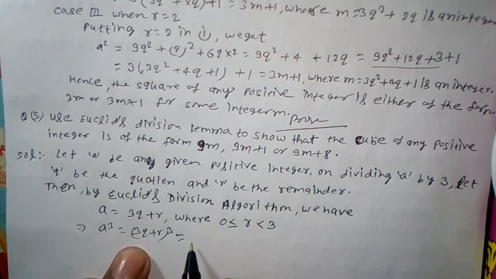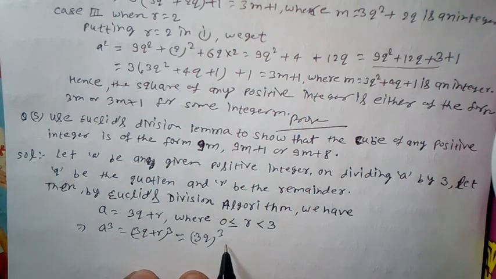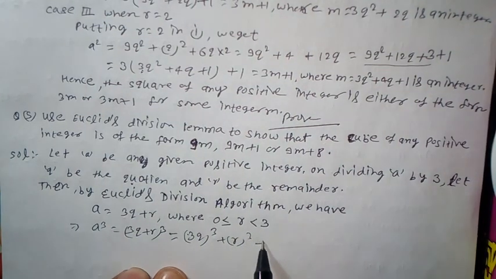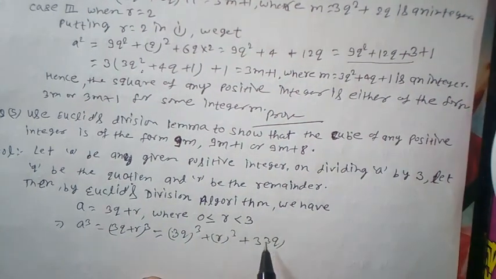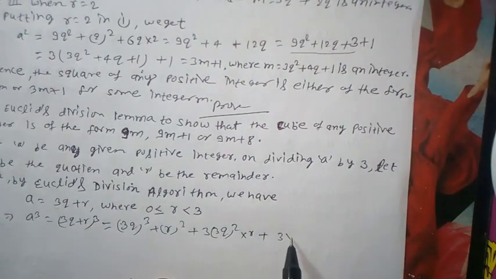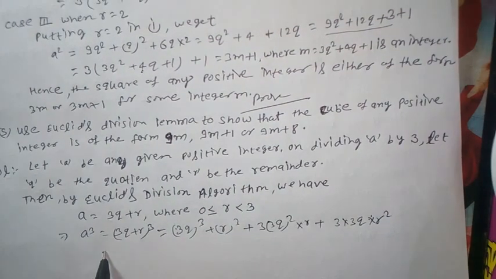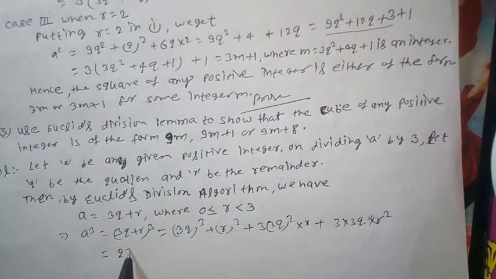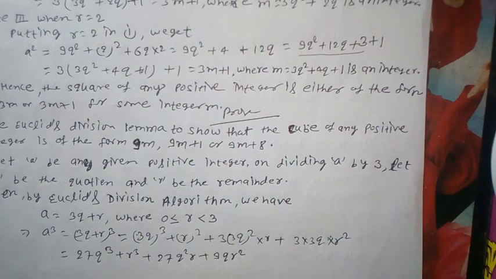Now we get (3q) to the power 3 plus r to the power 3 plus 3 (3q) square into r plus 3 into 3q into r square is equal to 27 q to the power 3 plus r to the power 3 plus 27 q square r plus 9q r square.